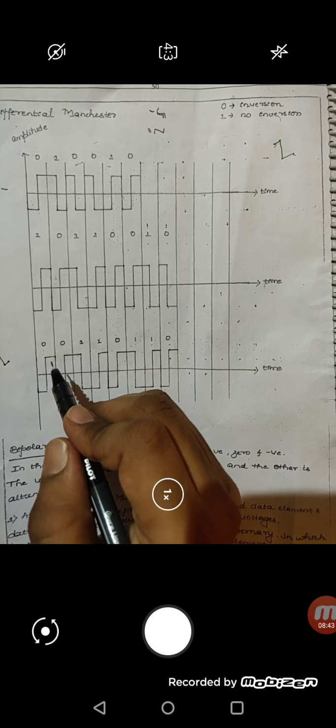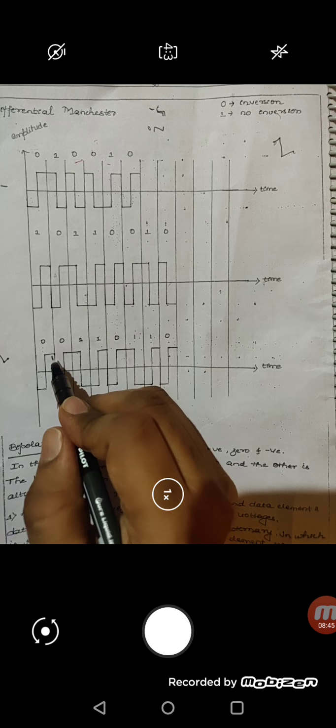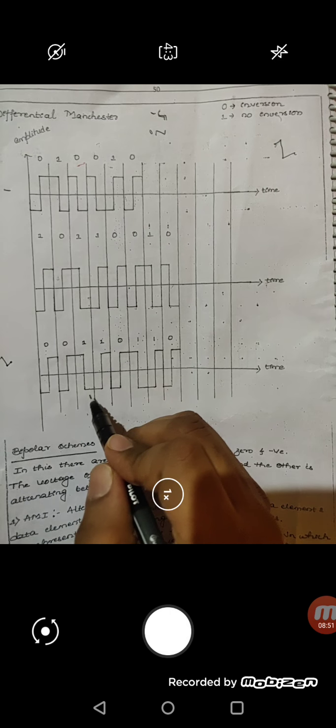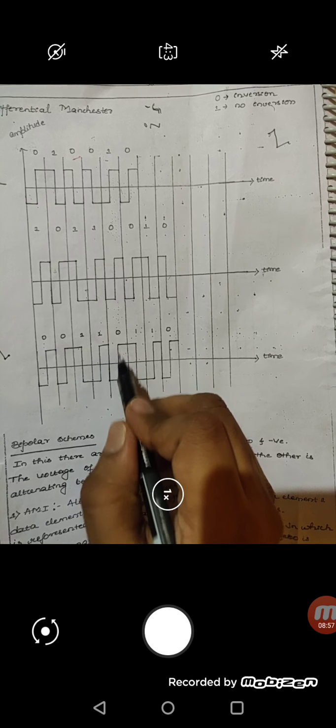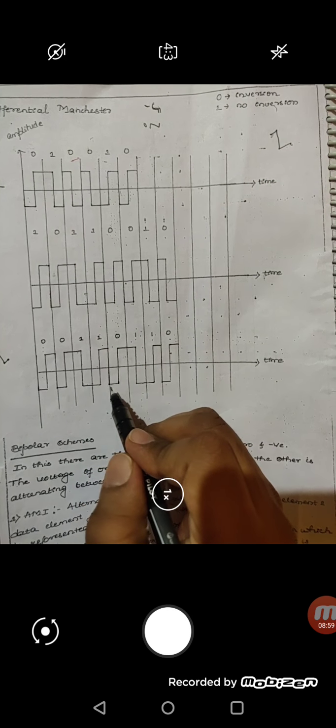Next is 0, hence we draw the opposite direction. Next is 1, we are continuing the signal. Next is 1, so we continue the signal. Next, if it is 1 we continue, but it is 0, hence we are drawing exactly the opposite direction. The same way we have drawn for all the bits.